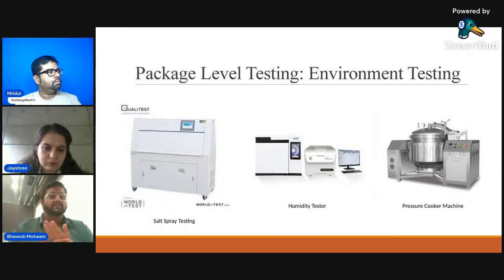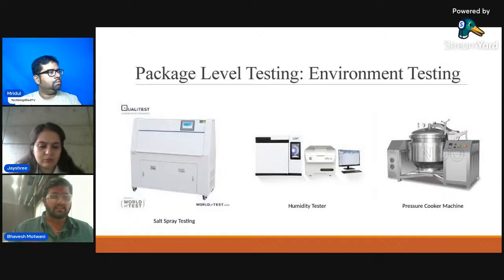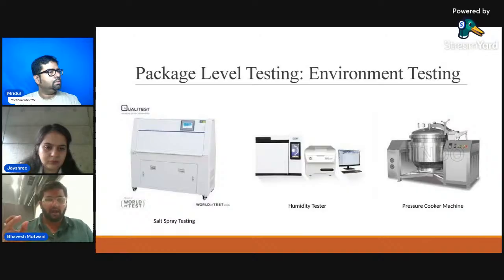Salt spray testing is nothing but the corrosion test. While we do salt spray testing around the lead frames or the wire bond, we see how much time it would take to degrade that package, or degrade the whole IC inside it. So salt spray testing is very important at that level.